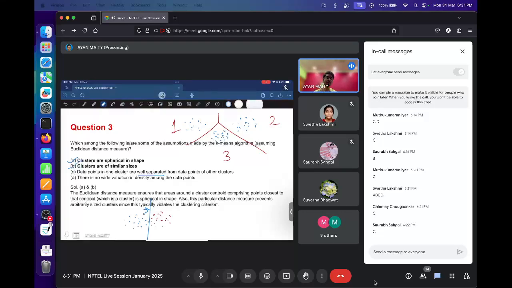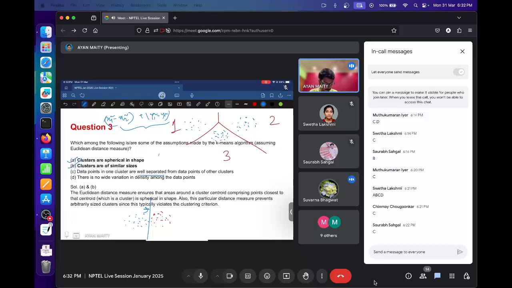But if you use a different distance measure, the cluster shape should be different, because the Euclidean distance between two data points is very similar to the equation of a circle, or in three dimensions, the equation of a sphere.